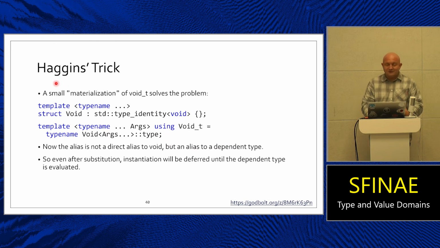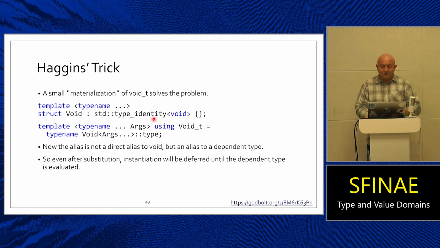And this is Huggins' trick. A small materialization of void_t solves the problem. The idea is to materialize void_t. Instead of being a plain alias, make it a dependent type that inherits from std::type_identity.